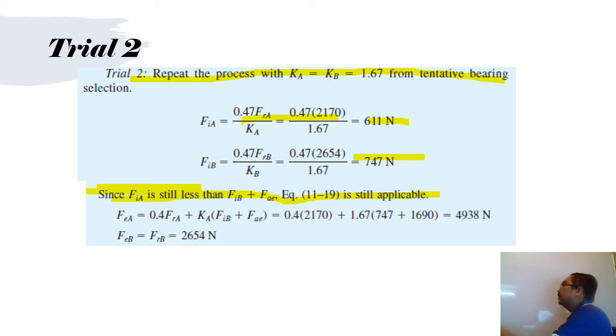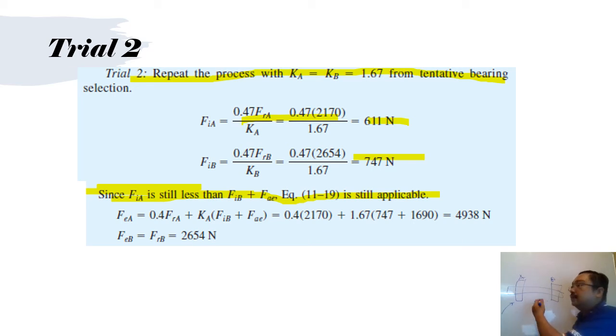What is this? It shows the thrust bearing, where you have both bearing A and B. This means that the bearing you select accepts more load. This is because FIA is less than the combination FIB and FAE.